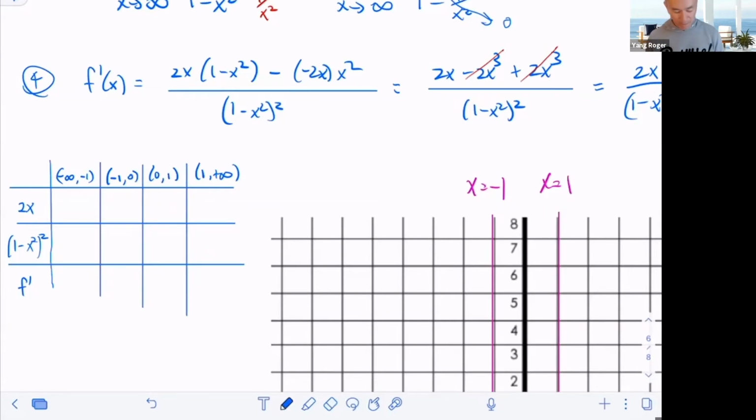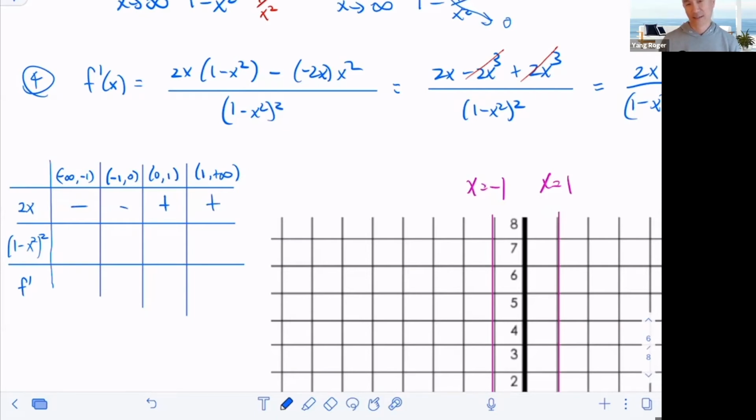And look, it's really easy to find the sign of 2x. It's positive when x is positive, and negative when x is negative. So I could just put a minus here, a minus here, and a plus here and a plus here.